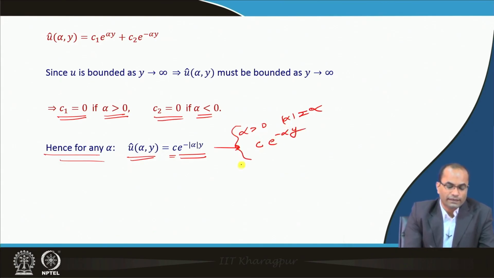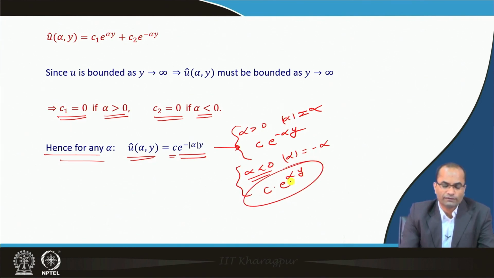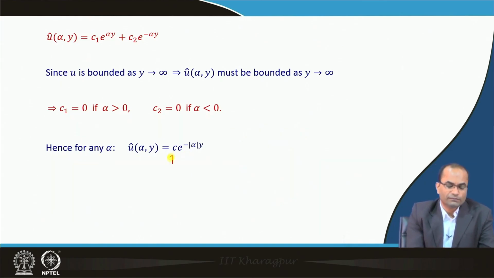On the other hand, if alpha is negative, then the absolute value is minus alpha, and we have c times e power alpha y. So, we have this exponentially decreasing behavior with some constant.